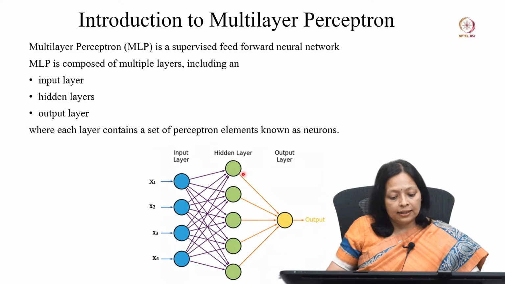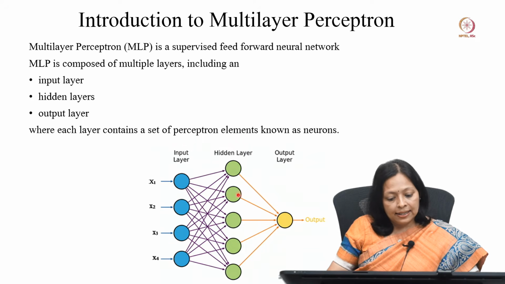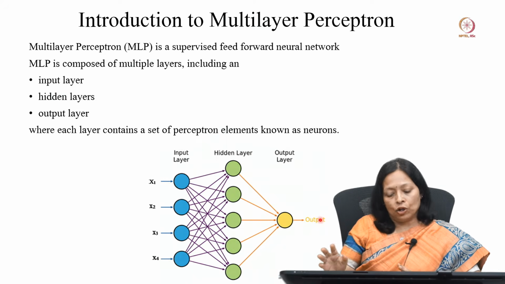Then we will see that there are similar neurons in the hidden layer as well, and all the neurons are interconnected. That means there is a connection between the first neuron in the input layer to all the neurons in the hidden layer. If you can see, all are connected, and similarly for the second neuron, third neuron, and fourth neuron in the input layer. And then these hidden layer neurons are all connected to the output layer, and from the output layer we get the output of the model.